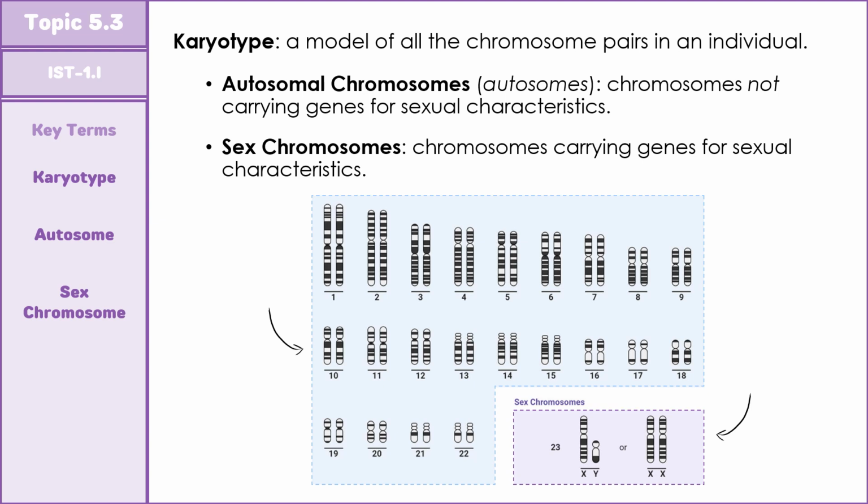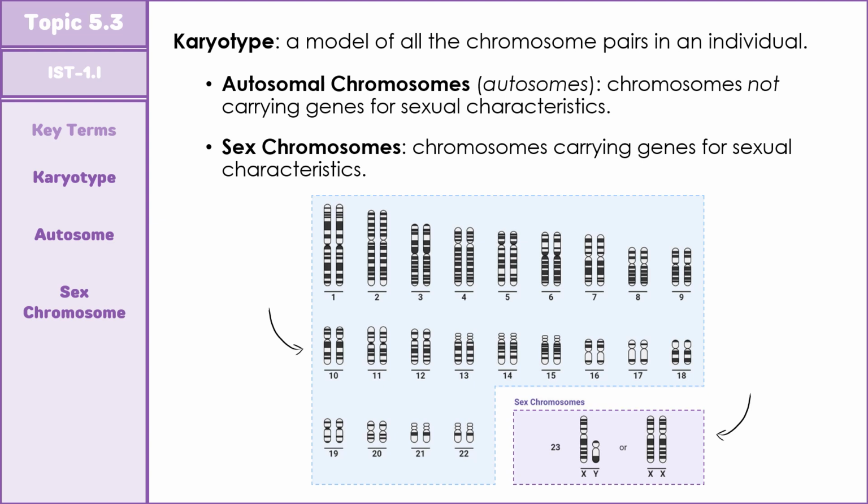So first off, we have autosomes, and autosomes are going to carry our traits that are not representing our sexual characteristics. So that makes up the primary number of our chromosomes. 1 through 22 in humans are our autosomes. And then we have sex chromosomes. Set 23 are our sex chromosomes, and these carry genes that are specifically coding for sexual characteristics.